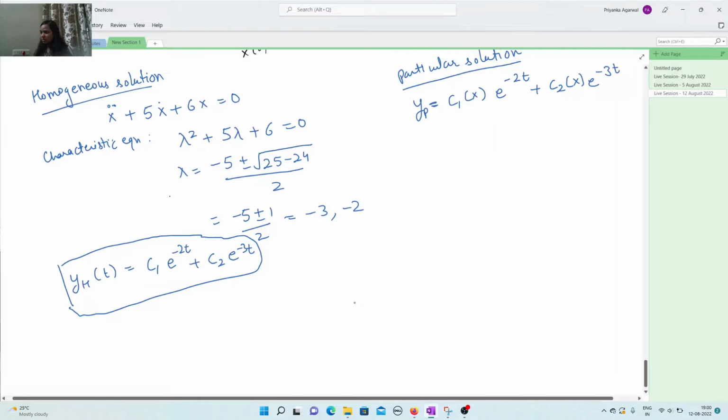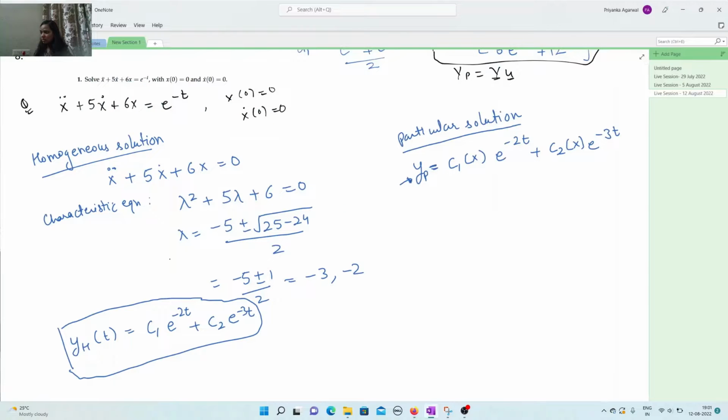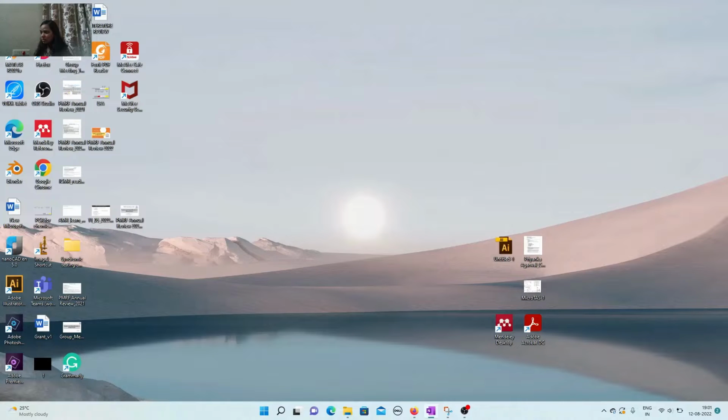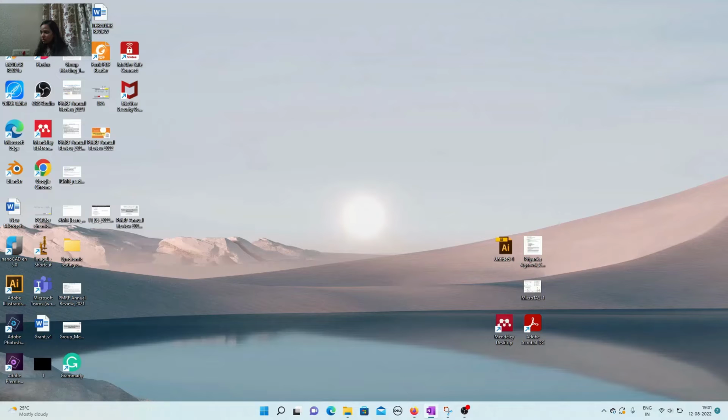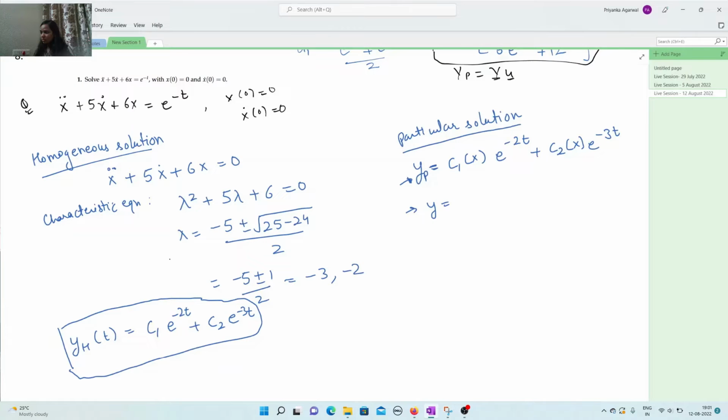So we can also solve this equation by writing the particular solution in this form, or we can also substitute directly as y equals to like this.